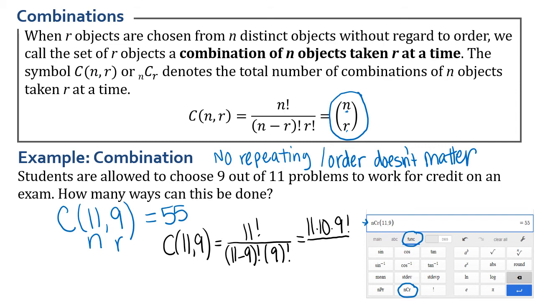The reason I'm writing it like that is so that these 9 factorials will cancel. And then 11 minus 9 is 2 factorial. All right, so those 9 factorials now are going to cancel out, and I'm left with 11 times 10, which is 110, over 2 factorial, which is 2 times 1, which leaves me with 55.